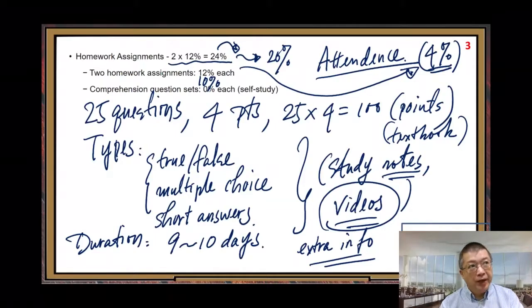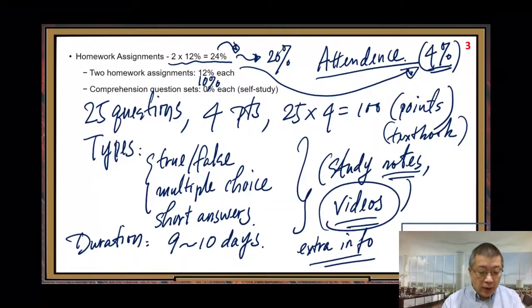You have plenty of time to work on it, but do not wait until the last 1 or 2 days, because then you are in a rush mode and may not do a good job. Try to do it as early as possible.